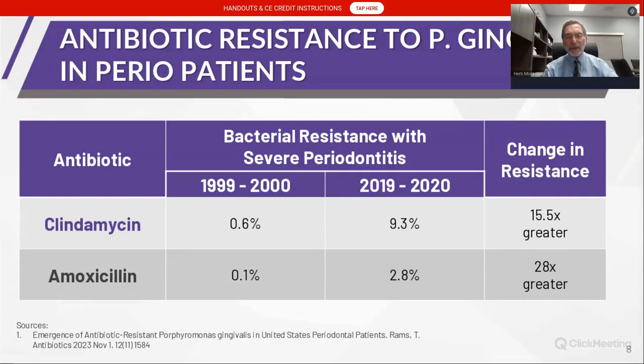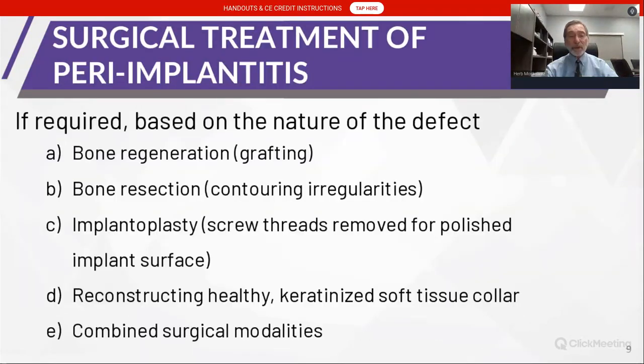And for amoxicillin, 28 times as many patients are now resistant to amoxicillin than were 20 years ago. So this is a pretty large groundswell. So we only want to use antibiotics when it's absolutely necessary.